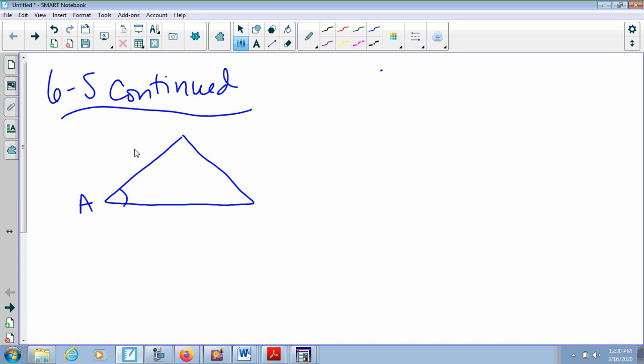We know side B and we know side A. It could be C's or B's or whatever, but we know an opposite pair and we know the side that came in between that angle and that side. And this is just special if B is bigger than A. So some things that have to be true is angle A has to be acute, or this doesn't matter, and then B has got to be greater than A.